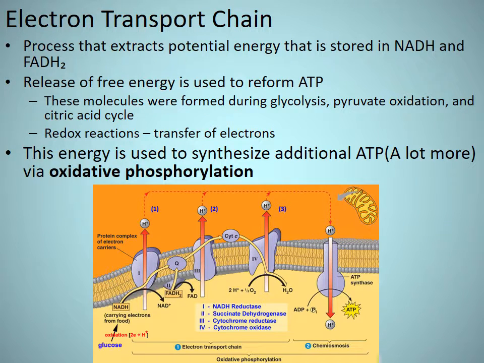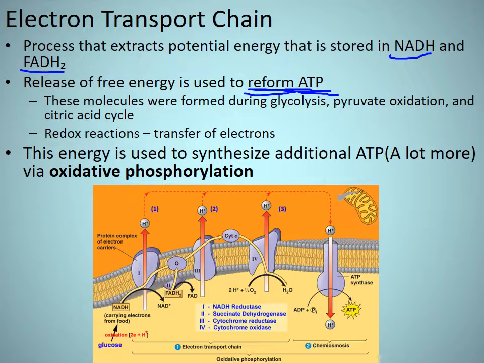And finally, we discussed the electron transport chain. Essentially, the electron transport chain is using the NADH molecules and FADH2 molecules that were formed as a result of glycolysis, pyruvate oxidation, and the Krebs cycle. They can essentially provide the energy that's necessary to make or reform ATP.